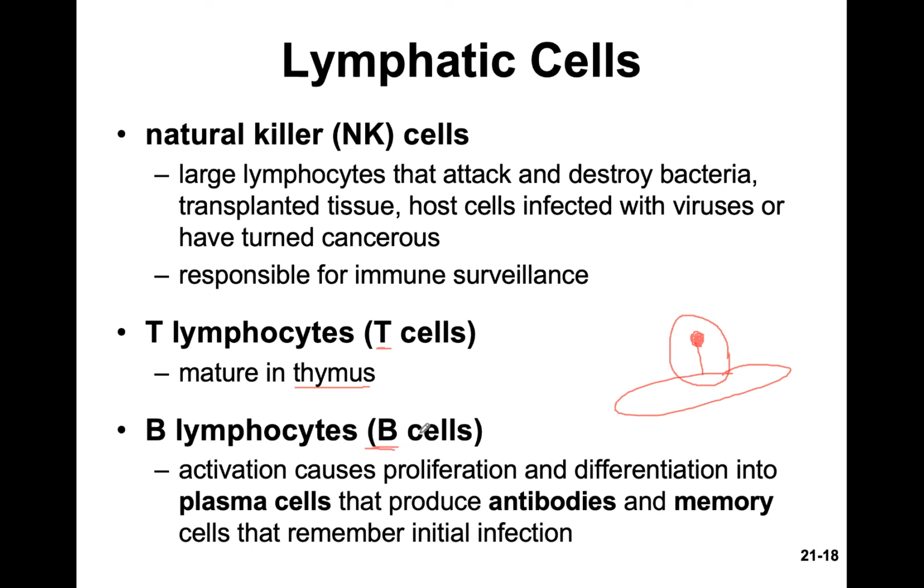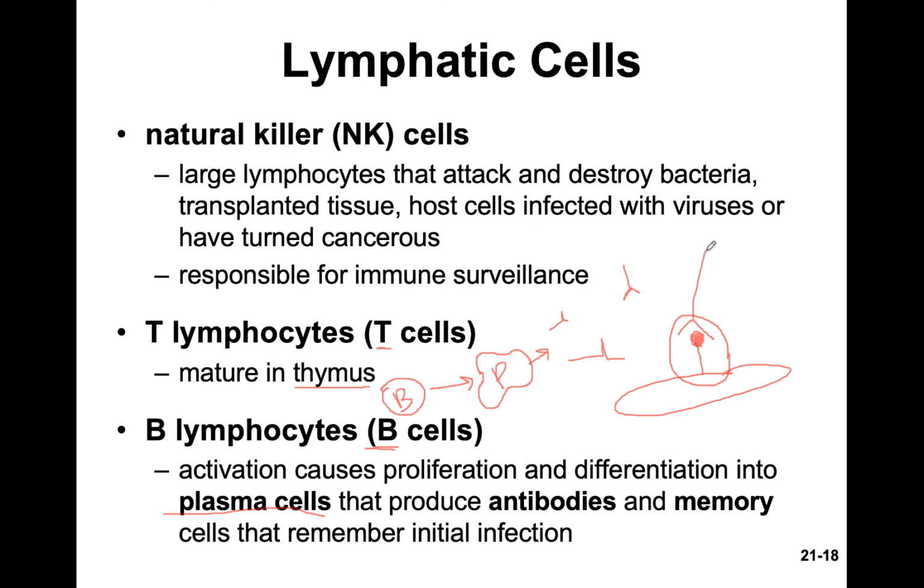Now, the cool thing about B cells is, let's say you have a B cell here, and the B cell encounters a bacteria it doesn't recognize. Well, the B cell itself doesn't attack bacteria. The B cell turns into this kind of gloopy-shaped plasma cell. So, when a B cell gets activated, it converts into a plasma cell, and the job of the plasma cell is to make thousands upon thousands of these structures called antibodies.